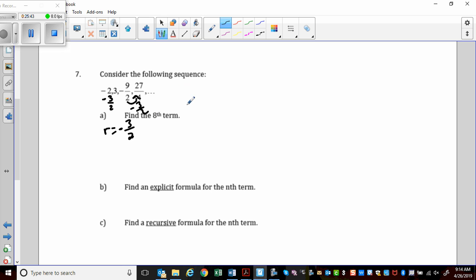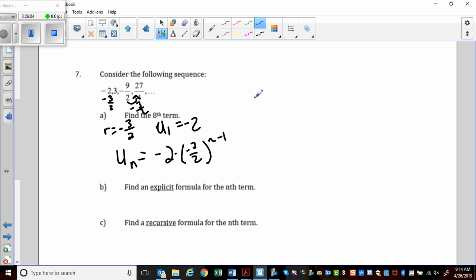And my first term, u sub 1, equals negative 2. So u sub n equals negative 2 times the common ratio, which is negative 3 over 2, to the n minus 1. But we want our 8th term.